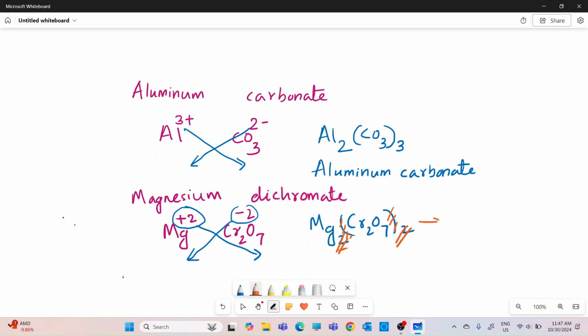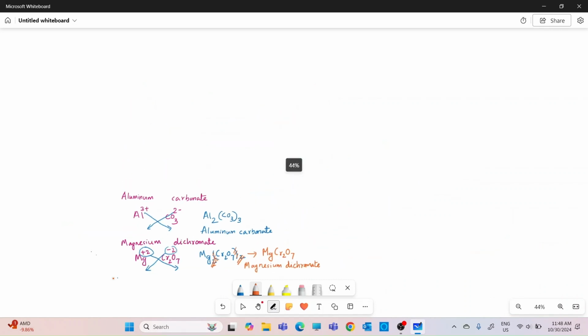So the correct formula is MgCr2O7. And for the name, write the first element's name, which is magnesium, and this one is dichromate, so add dichromate, that's a part of the name. So the name is magnesium dichromate.